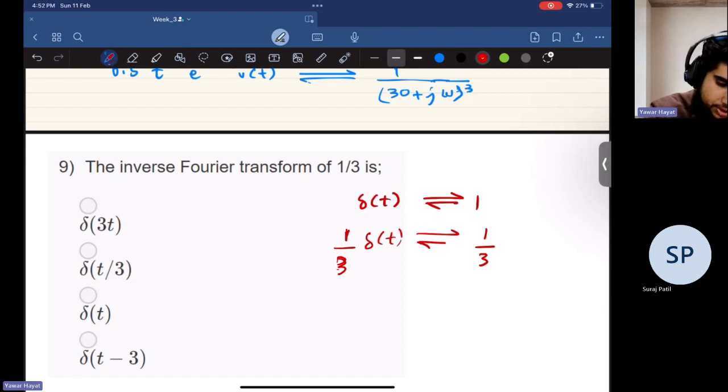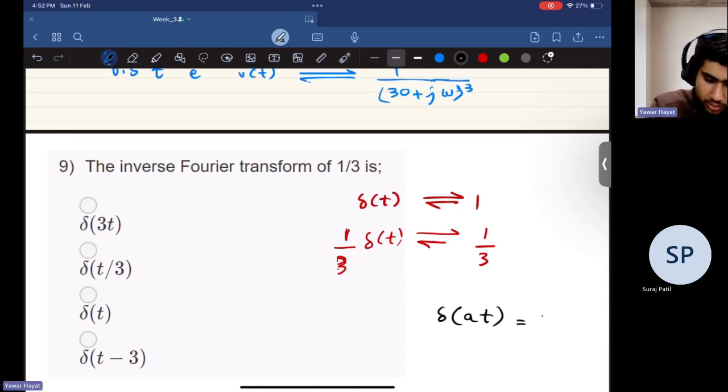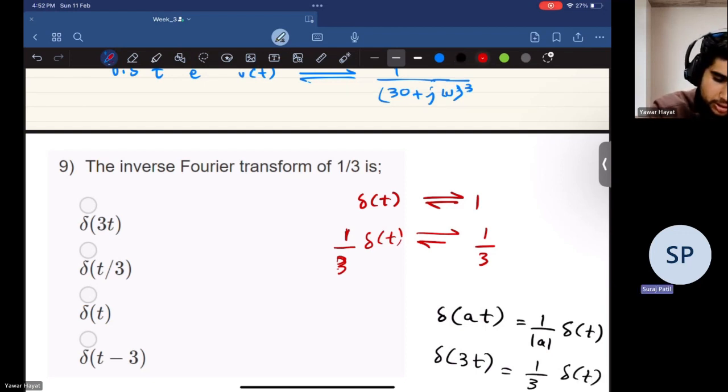But I had shown you guys a formula in the second last session: what is delta of at? This is 1 by modulus of a delta of t, right? So what is delta of 3t? 1 upon 3 delta t.